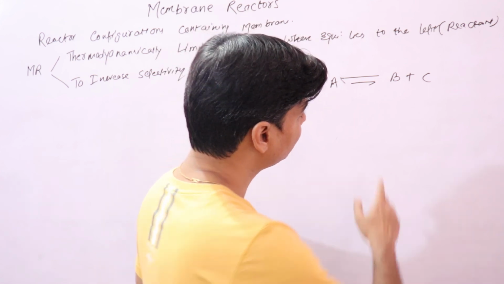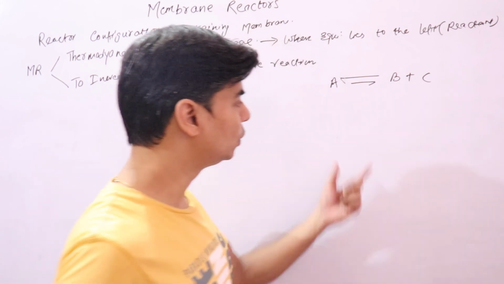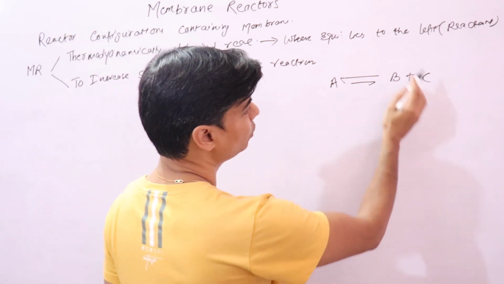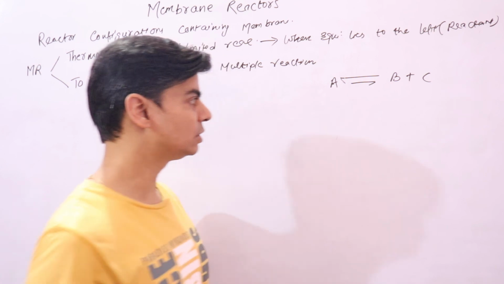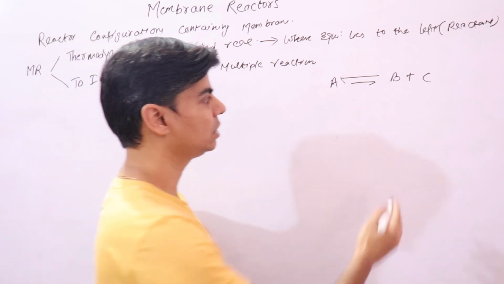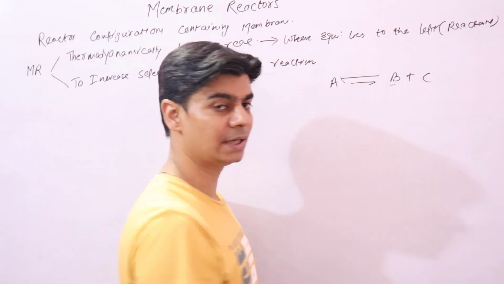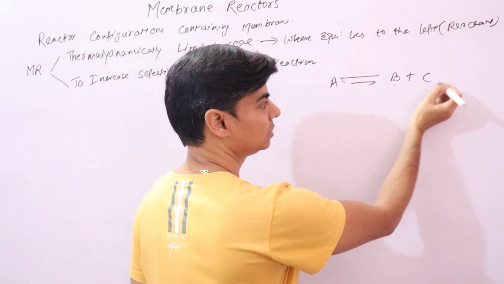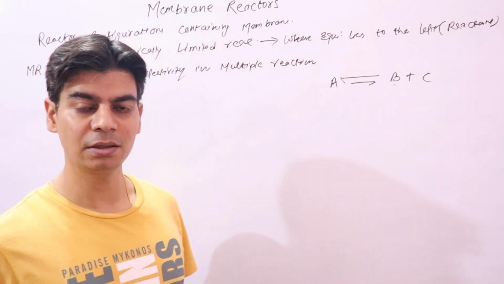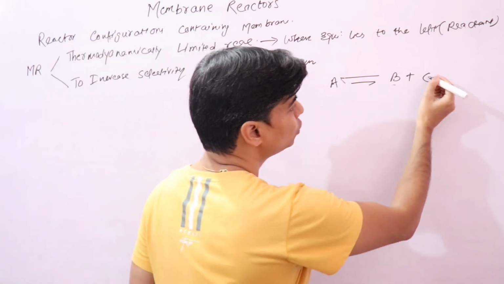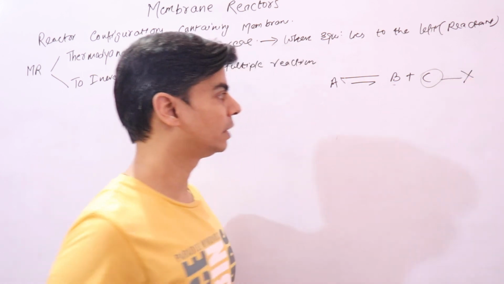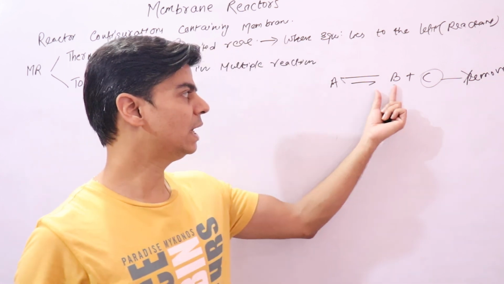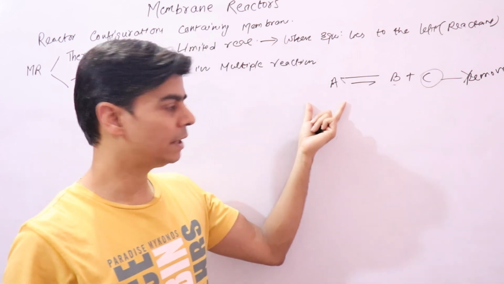So in this case, just think without the membrane reactor, if you want to improve the conversion of this reaction, what you can do is, suppose this is the main reactor product, because this product is reacting with the second product to give you back reactant. If somehow you remove this product, B has nothing to react with now to give you back A.